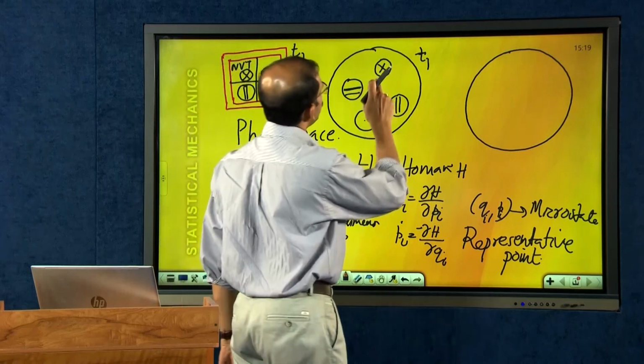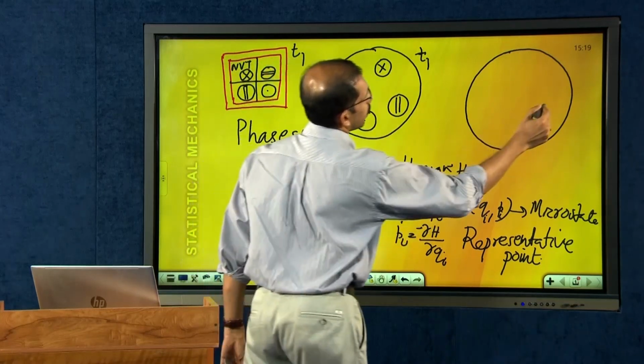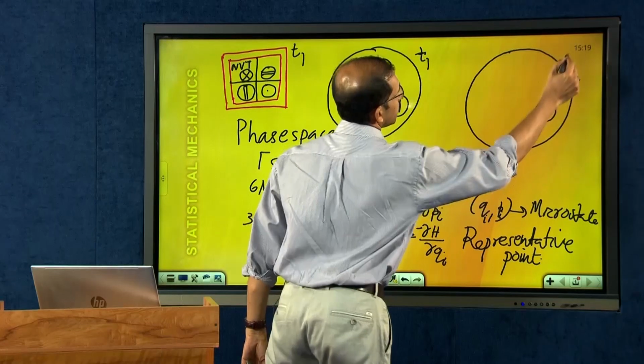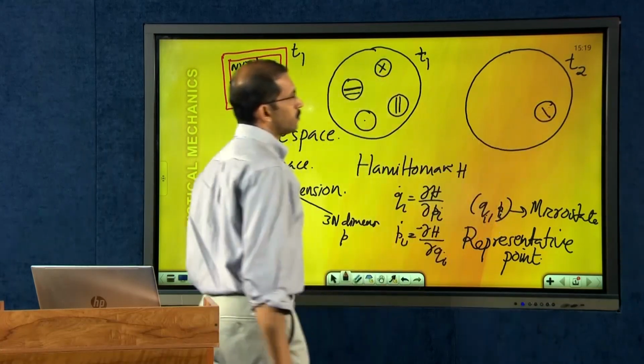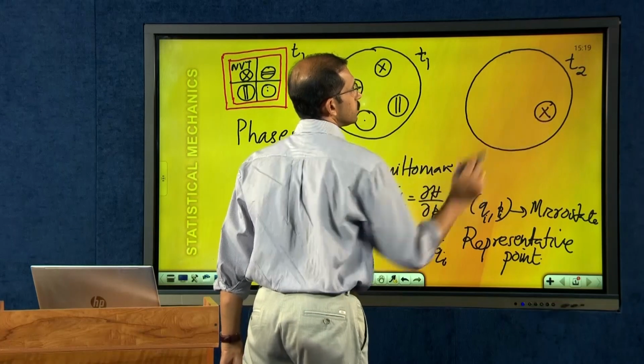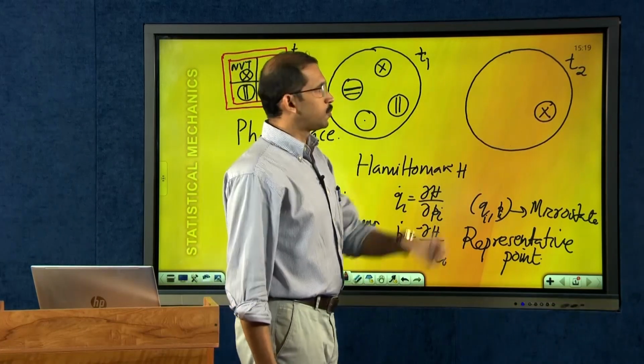For example, for this Q1 P1, at time T2 it may have moved over to this point.